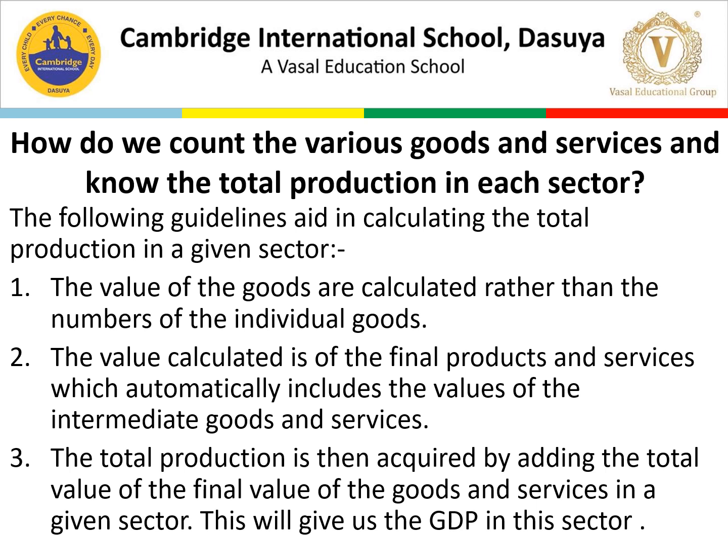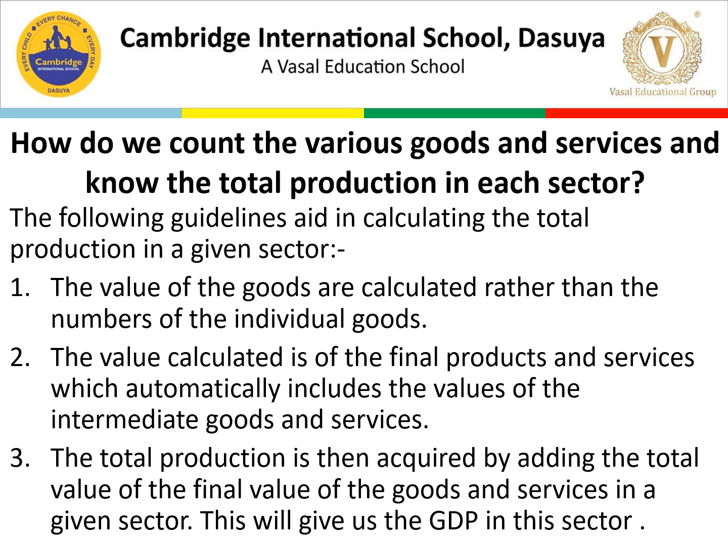We have guidelines for calculating the total production in a given sector. The first point is that the value of goods is calculated rather than the number of individual goods. We are not talking about a single unit of goods, we are talking about the aggregate of goods.